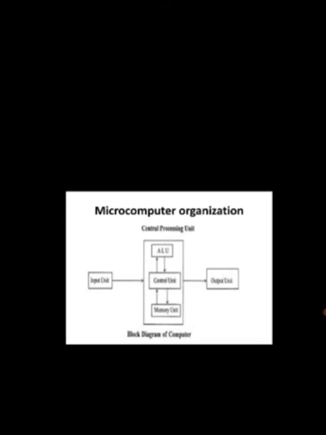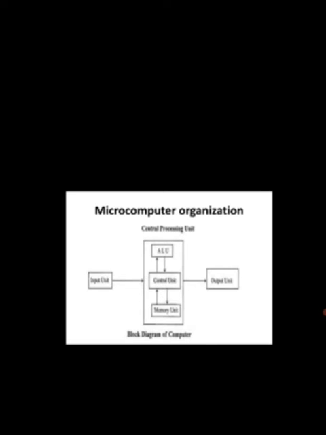So the basic difference between the microprocessor and microcomputer is that a microcomputer is a small size computer, while the microprocessor is one of the blocks required in a microcomputer system, which is actually the heart of the system.